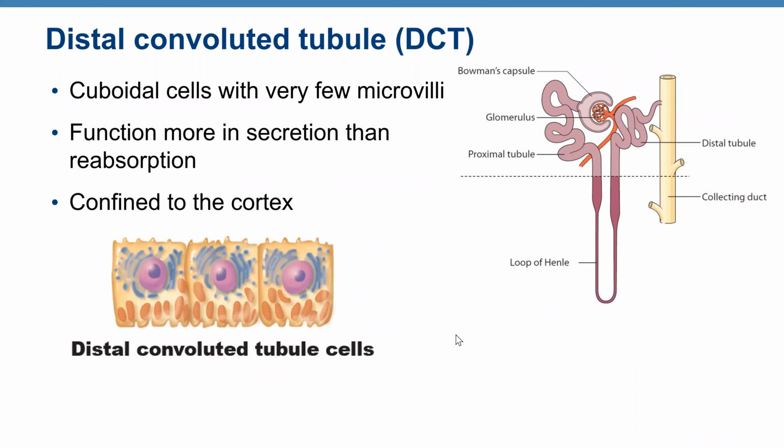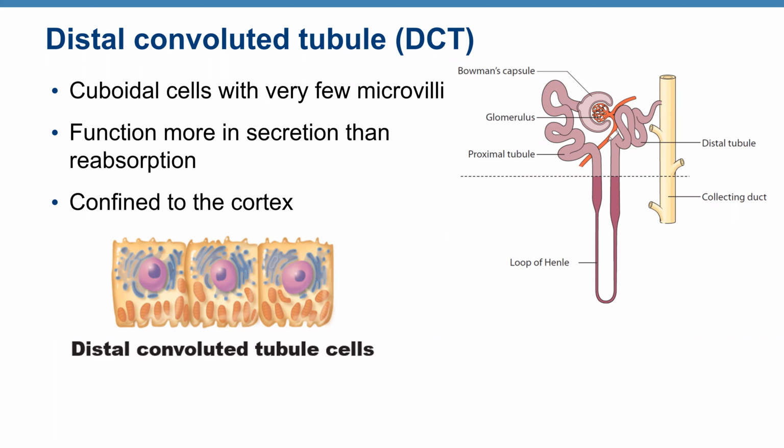After the loop of Henle, we have the DCT, or distal convoluted tubule, made of cuboidal cells with very few microvilli. So here we have cuboidal again, but not that many microvilli compared to the proximal convoluted tubule. Function more in secretion than reabsorption.